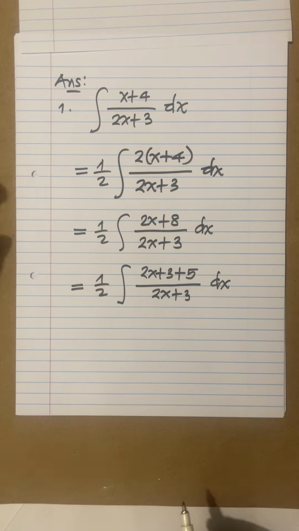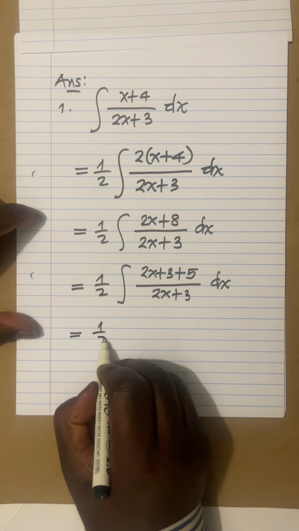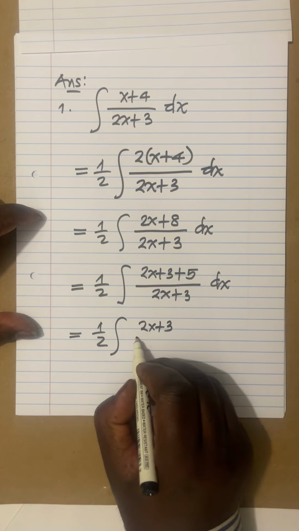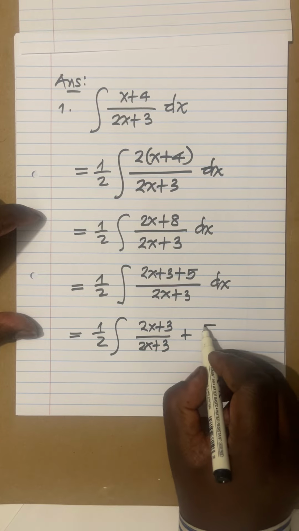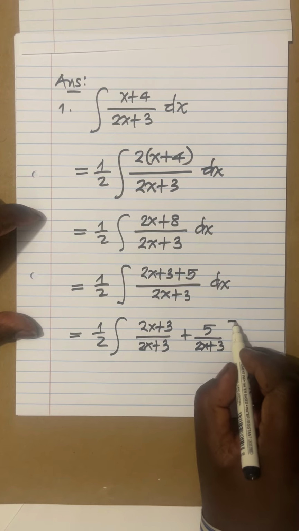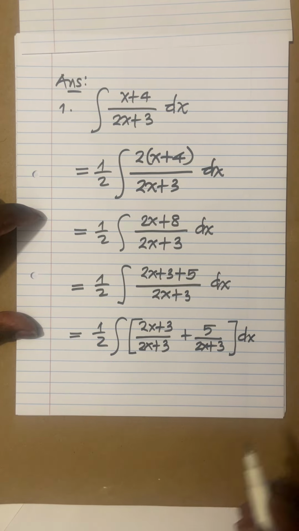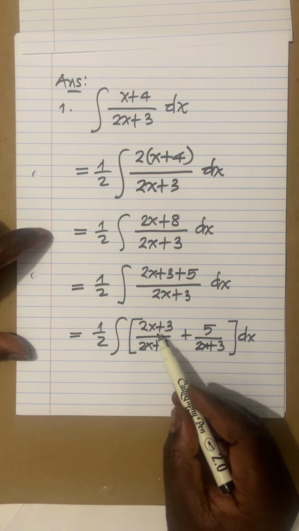Now I'm going to use term-wise division. So this is going to be half the integral of 2x plus 3 all over 2x plus 3, plus 5 all over 2x plus 3, and then I have dx. Now, obviously, you can see that this is 1.